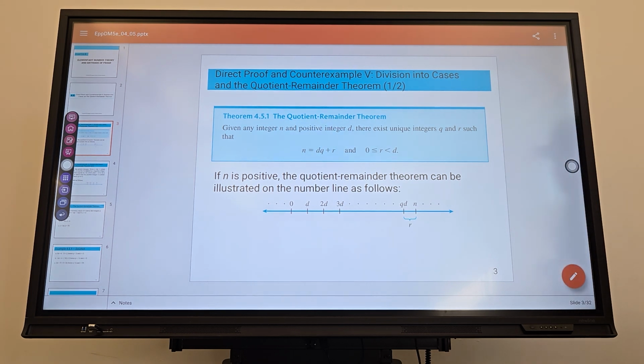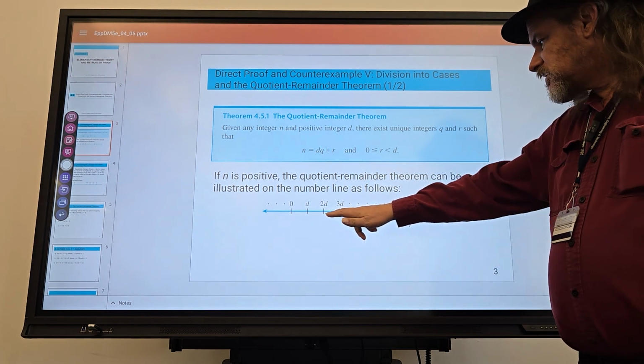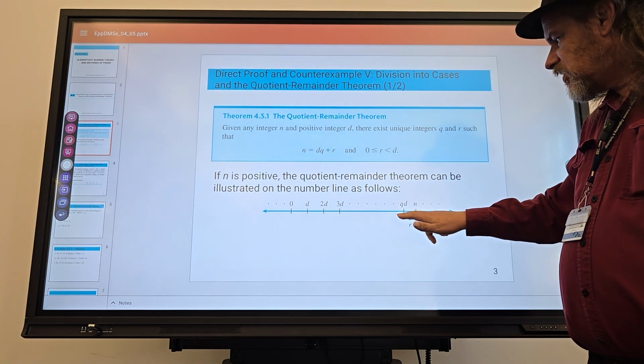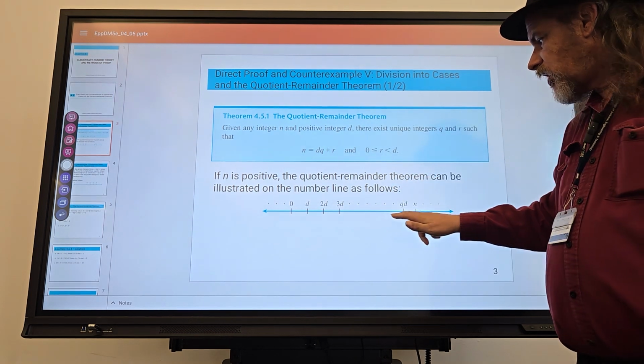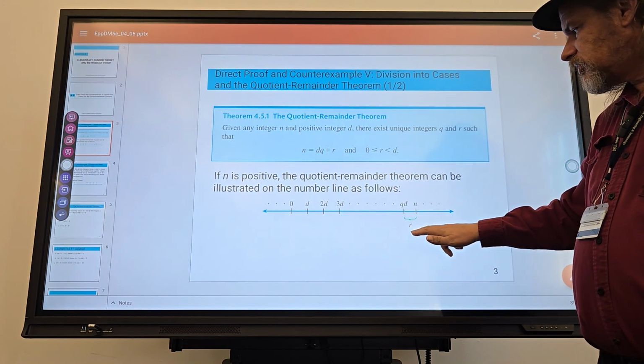In number line form, you can see that n is d times some integer q plus r.